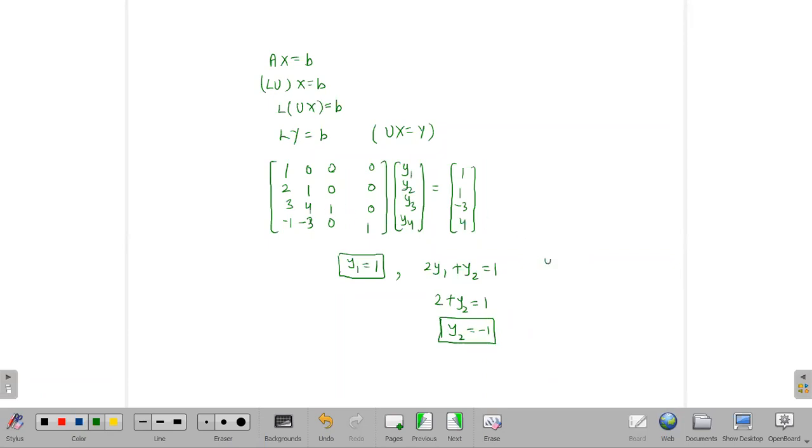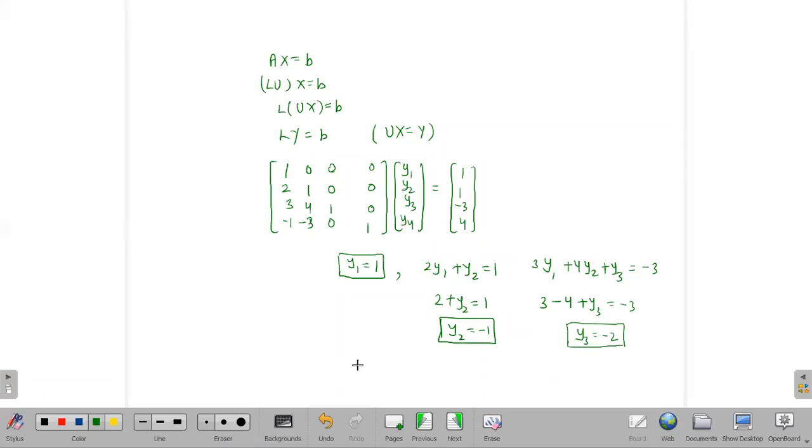And from the third row, 3y1 plus 4y2 plus y3 will be equal to -3. So 3 minus 4 plus y3 is equal to -3. So y3 will be -2.